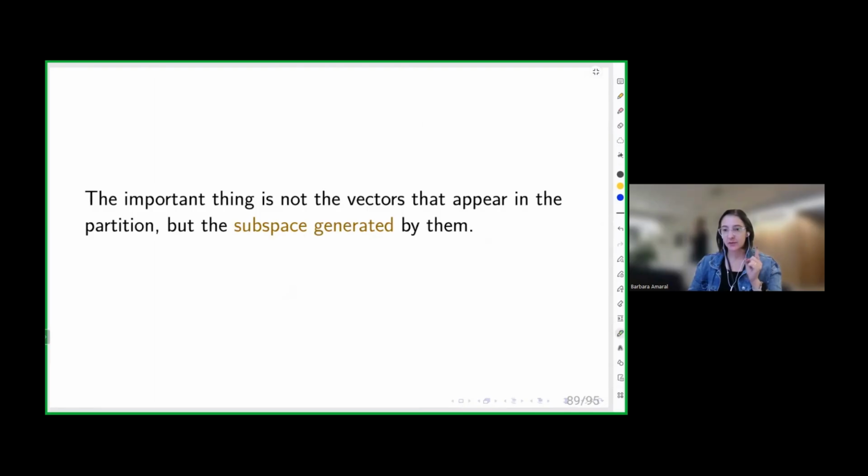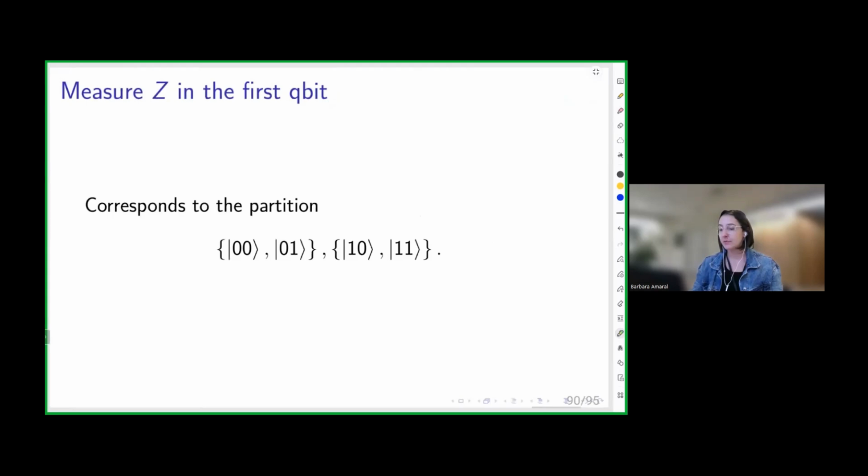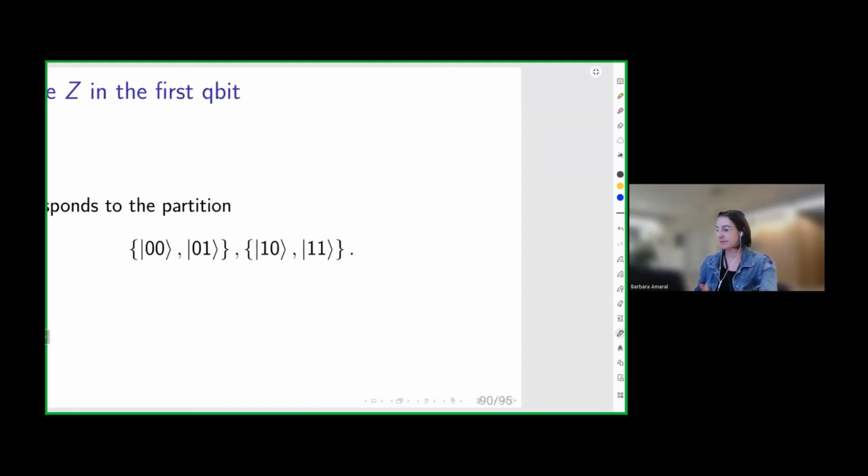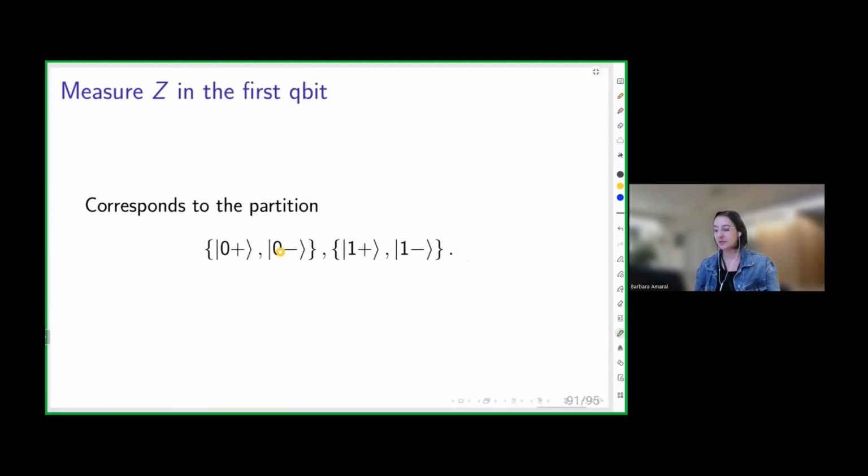Again, I already mentioned this, but it is important to notice that the important thing is not the vectors that appear in the partition, but the subspace generated by them. So for measurements on the first qubit, I used these bases initially just because it's simpler, but I could have as well used these bases here.